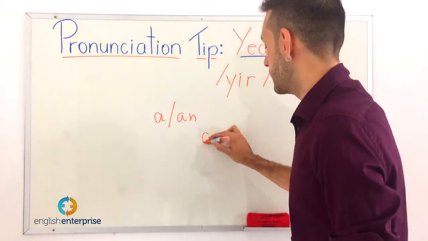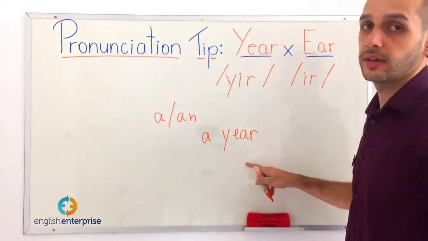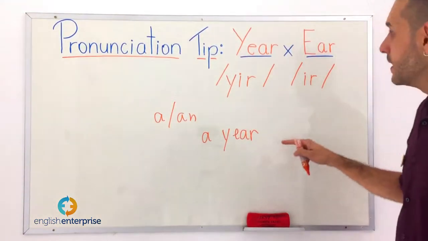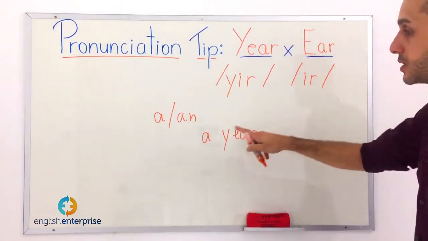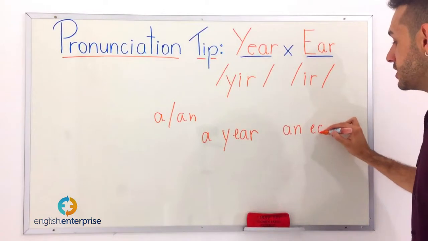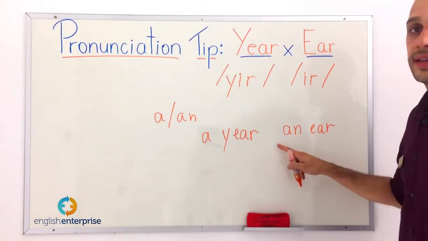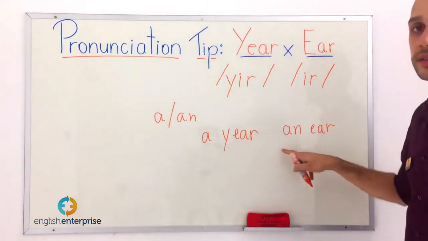So repeat after me. A year, a year, a year. And this one starts with a vowel sound. However, you must use an. So repeat after me. An ear, an ear, an ear. A year, an ear.